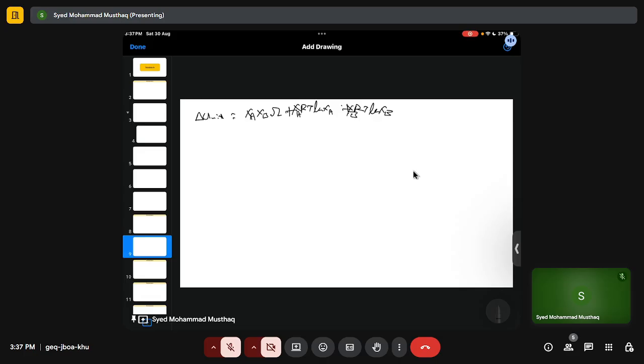So this is my delta S mix term, and this is delta H mix.